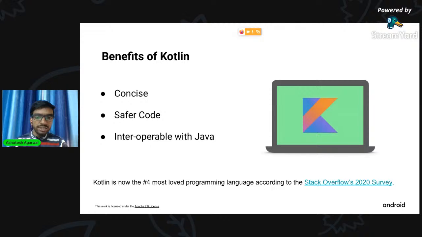We can write any Kotlin code in a Java file and run it as smoothly as if it were written in Java, or write Java code in a Kotlin file. This interoperability makes it very convenient for Android developers to write code in Java as well as Kotlin simultaneously. Fun fact: Kotlin is the fourth most loved programming language according to the Stack Overflow survey.